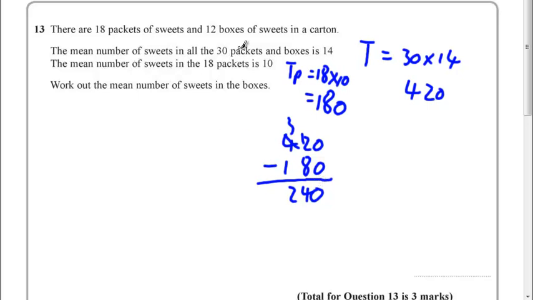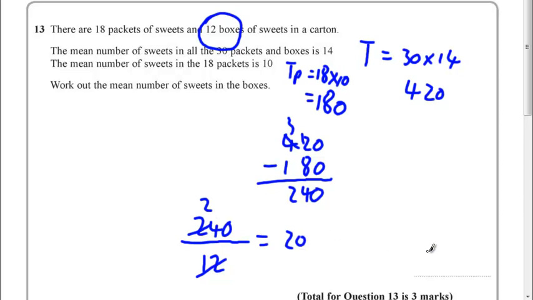How many boxes were there? 12 boxes. So the mean number of sweets must be the total number of sweets in the boxes divided by the number of boxes. That cancels. 20.